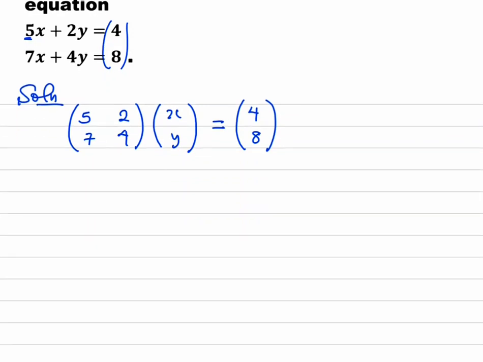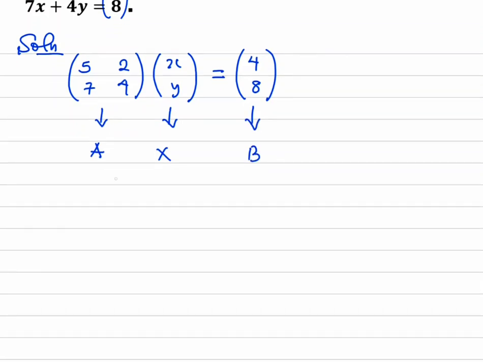Now, the next step is this. I'm going to give you some very good explanation now. If this matrix is A, and let's say this matrix is X, and let's say this matrix is B, do you know what it means? It means A times X is equal to B. That is AX equals B. Now, the knowledge here is that once a matrix is pre-multiplied by its inverse, it gives an identity matrix.